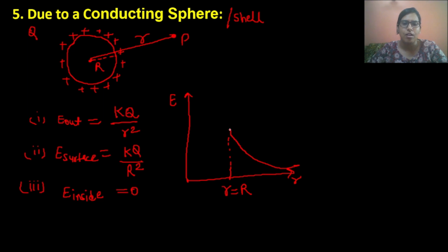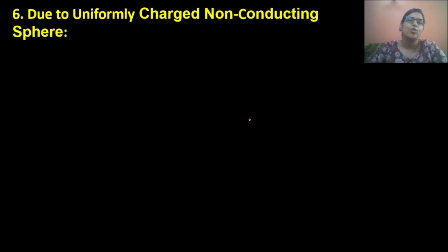It will not be a hyperbola because the electric field is inversely proportional to the square of the distance, and this value will be the maximum, kq upon capital R square, where capital R is the radius of the sphere. Now if we calculate due to a uniformly charged non-conducting sphere or non-conducting shell, it will be like this.